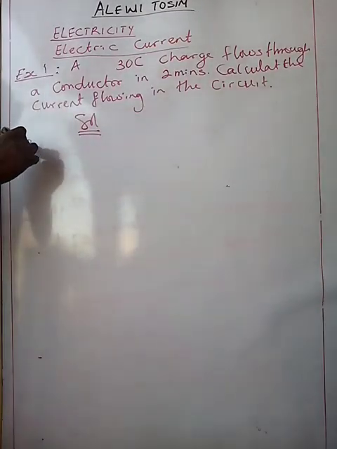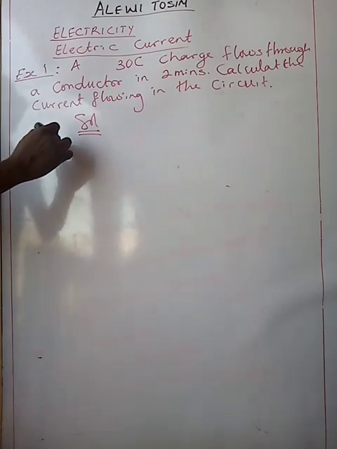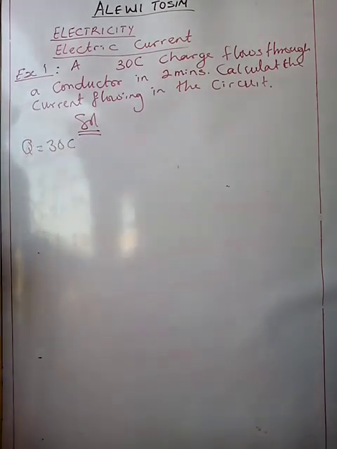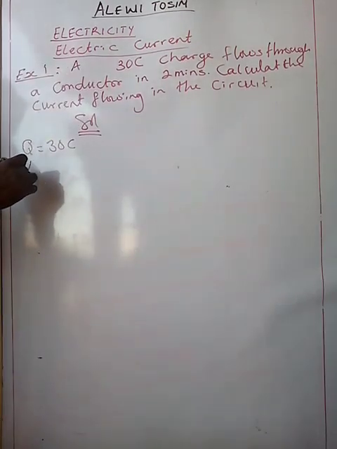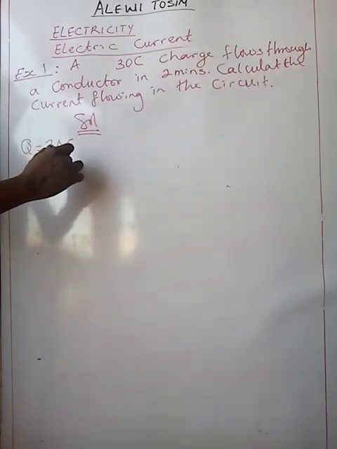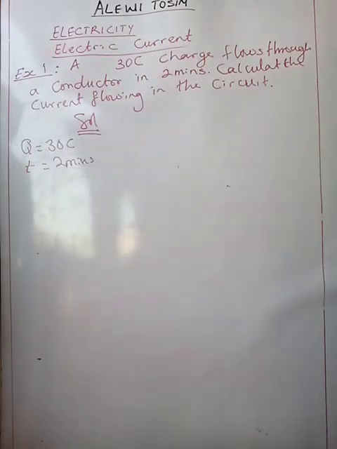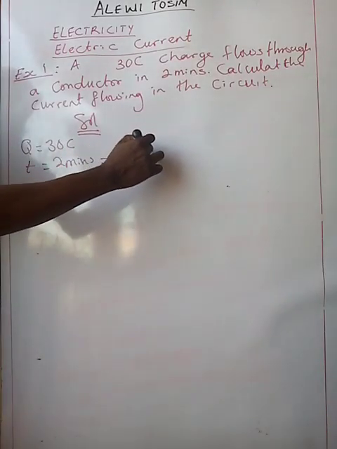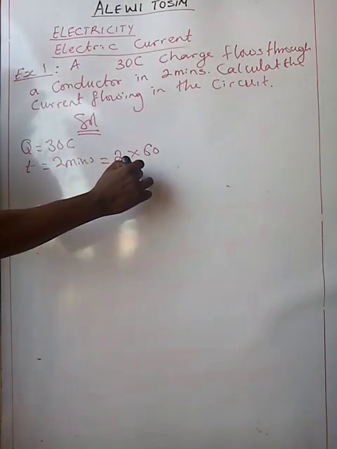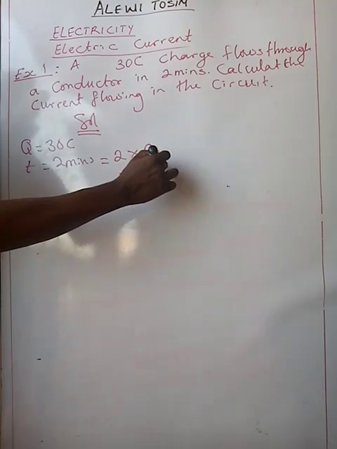We have the quantity of charge as 30 coulombs, and the time taken as 2 minutes. The SI unit for time is seconds, so we have to convert from 2 minutes to seconds. That will be 2 times 60, that's 120 seconds.